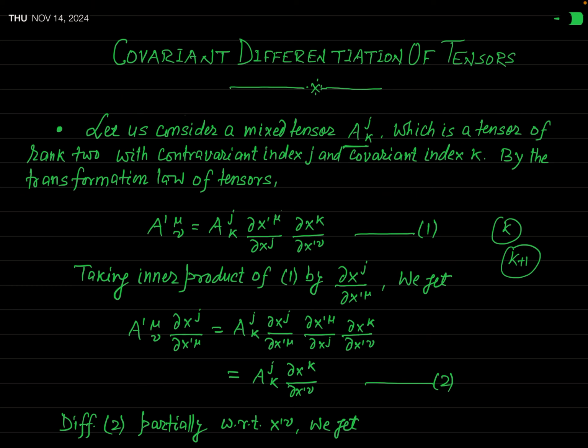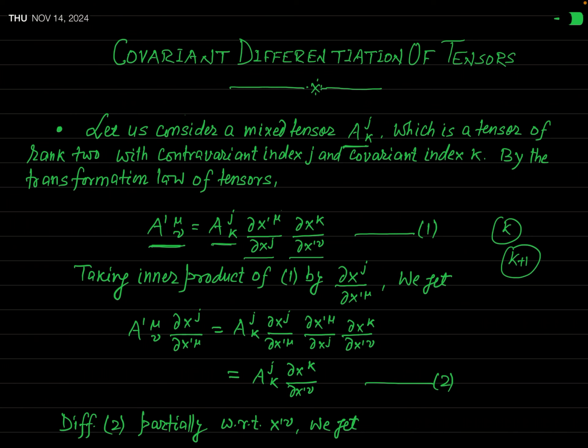You know that if A' mu nu, where mu is the contravariant index and nu is the covariant index, are the components of the tensor A^j_k in the primed coordinate system, then in accordance with the transformation law of tensors, you can write that A'^mu_nu is equal to A^j_k times del x'^mu by del x^j times del x^k by del x'^nu.